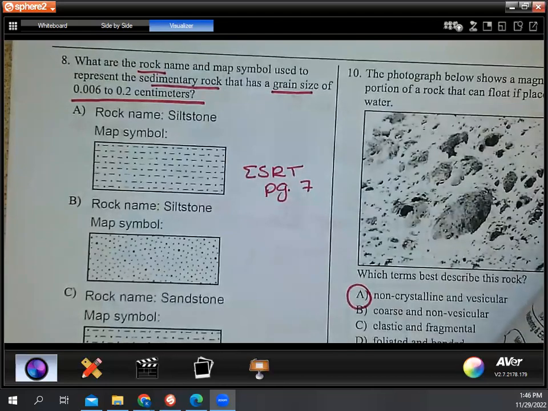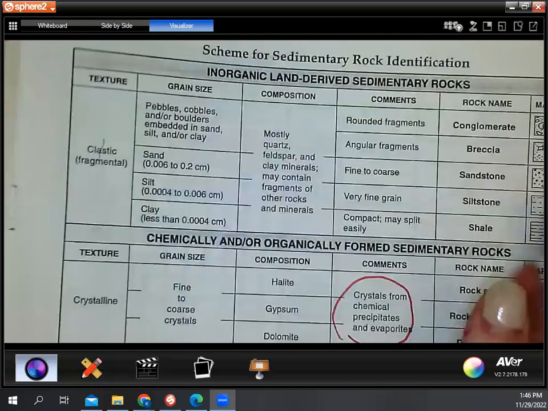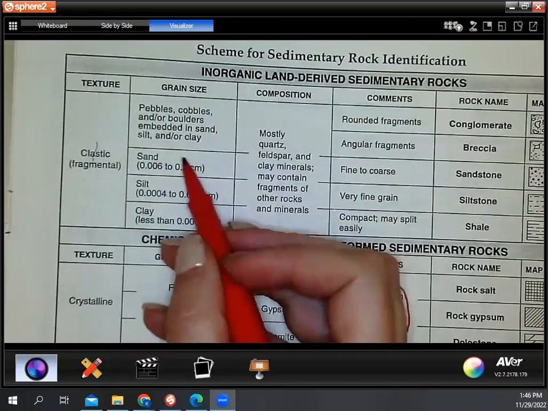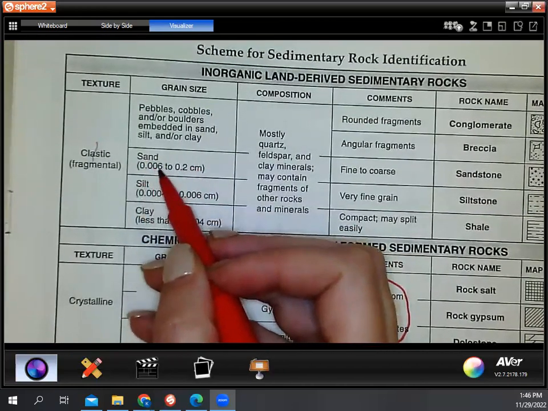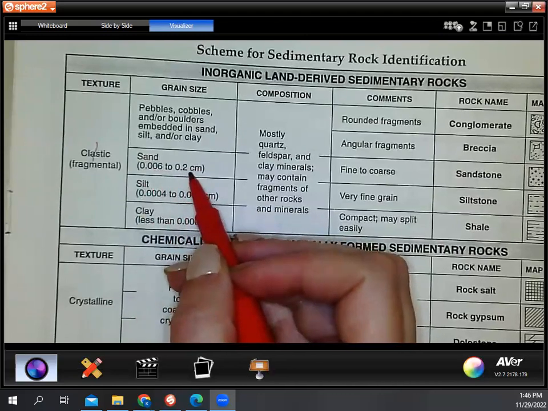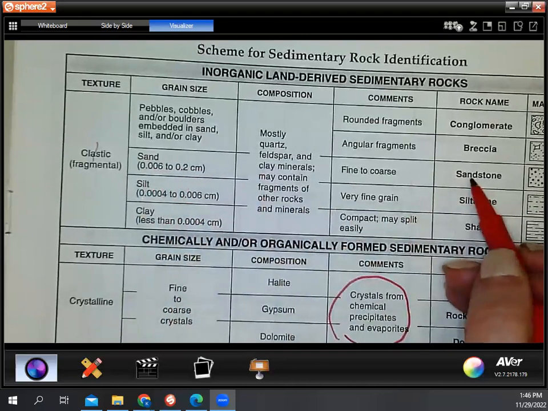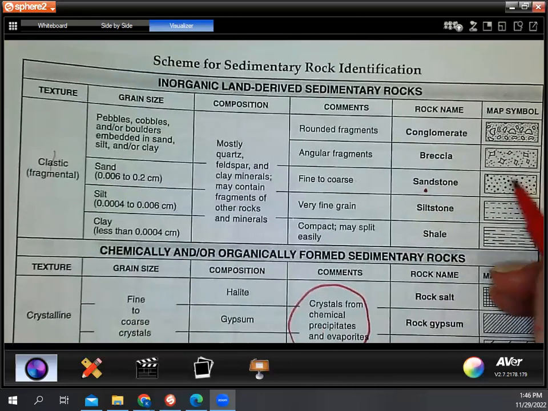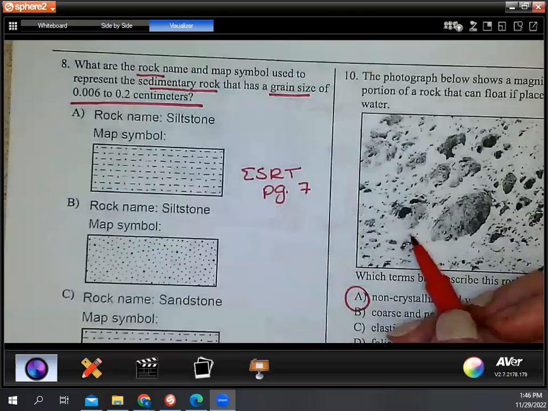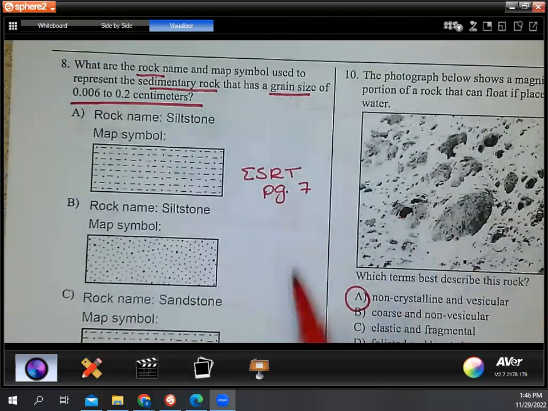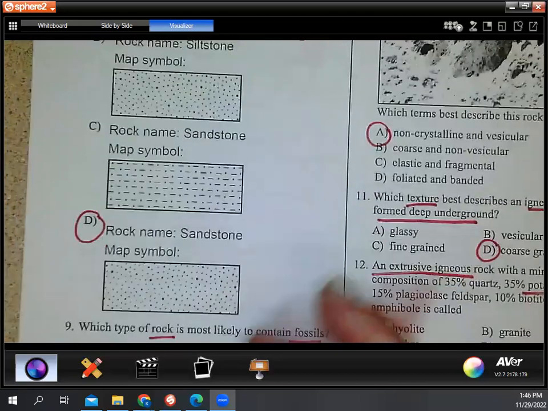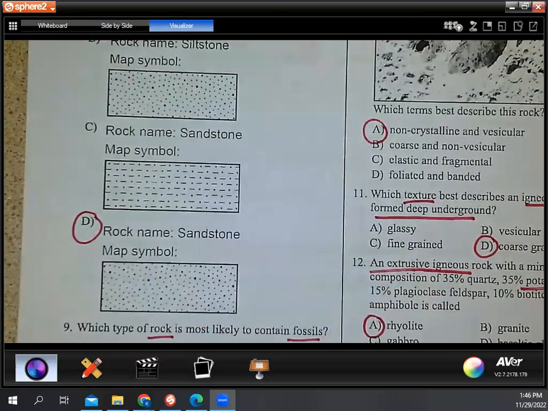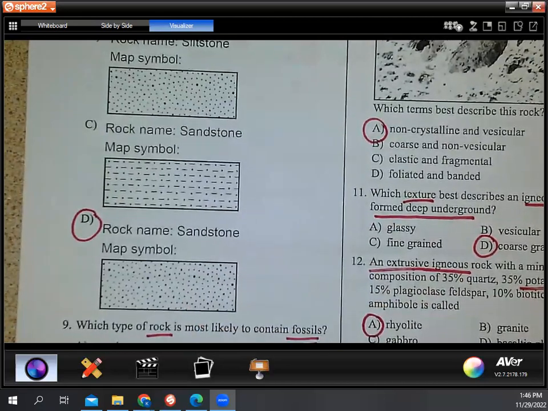Excuse me, 0.2, not 0.7. I'm going to go through and see, and sandstone is 0.006 to 0.2. And the rock that makes up is sandstone, and its map symbol is D. If I look here, that most closely resembles this one down here, labeled sandstone. So 8 is D.